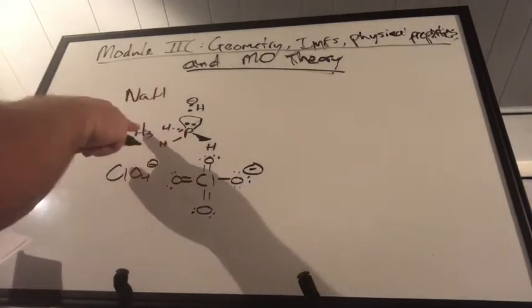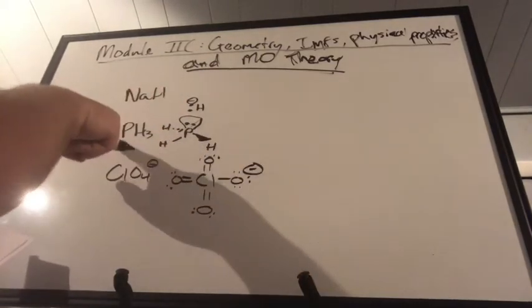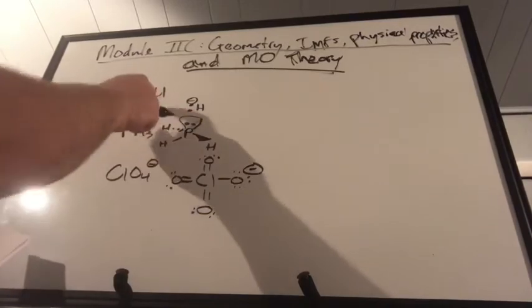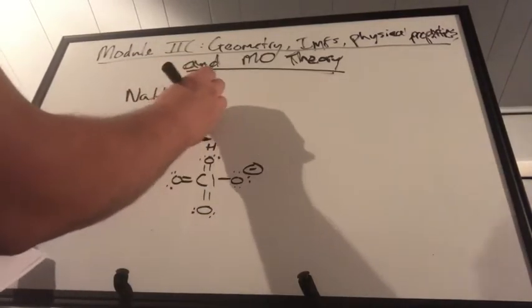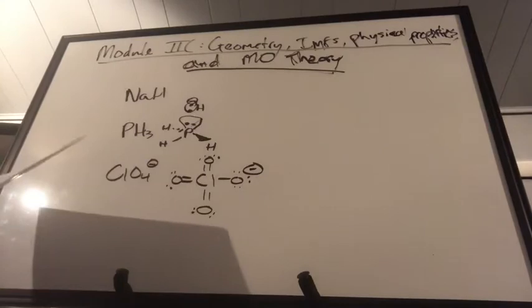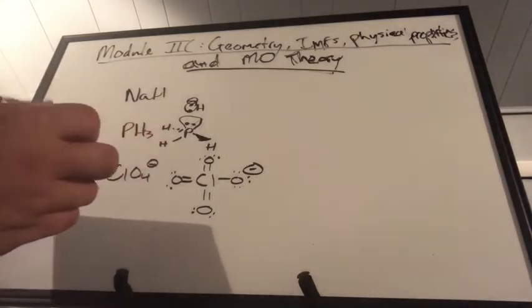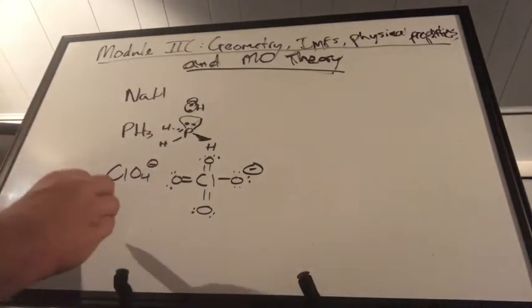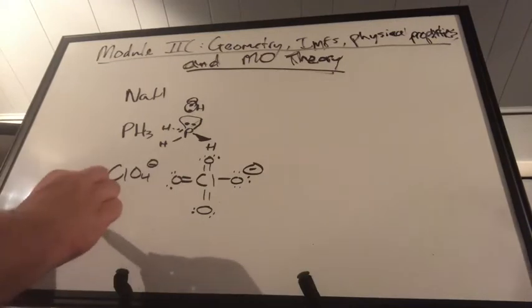There's a lone pair for the phosphorus of PH3. There's also one for hydrogen of sodium hydride. Last is the middle nitrogen in N3 minus.